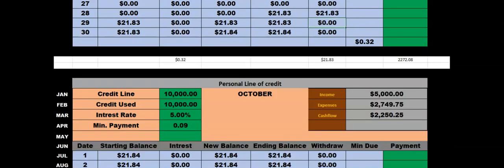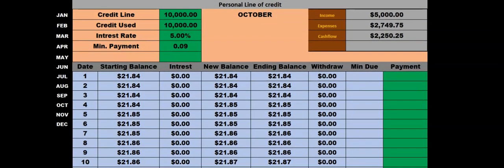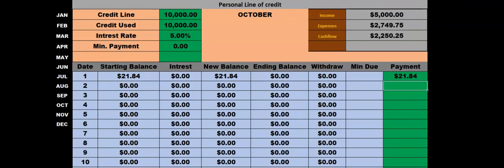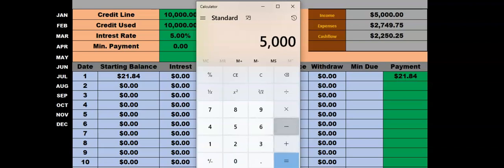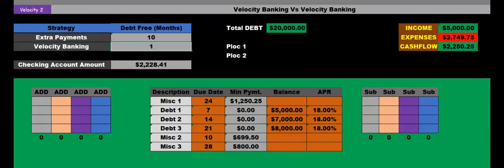So come October, we will put $2,184. So we'll take our $5,000, we'll subtract the $2,184, and the expenses $2,749.75. We have a total of $2,228.41. So this one was also paid off in month 10, $228.41 in the checking account.